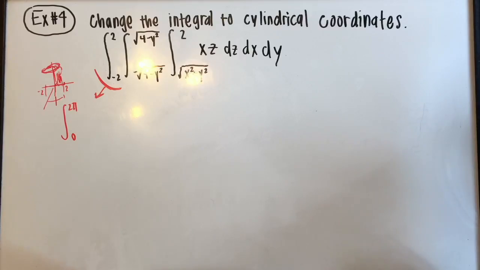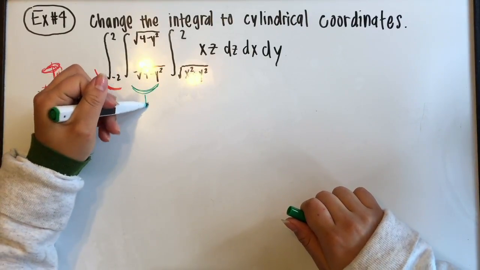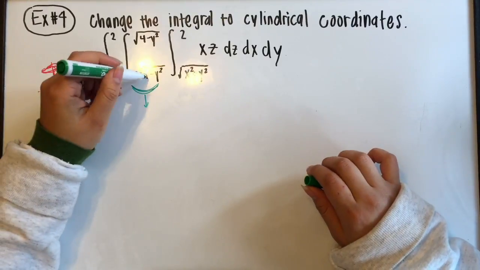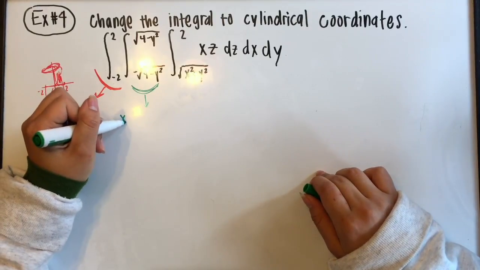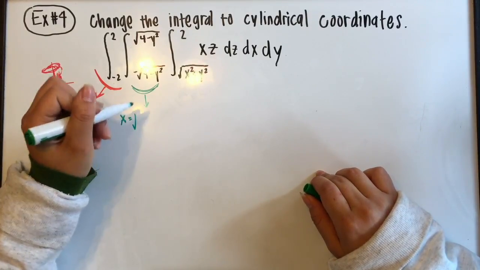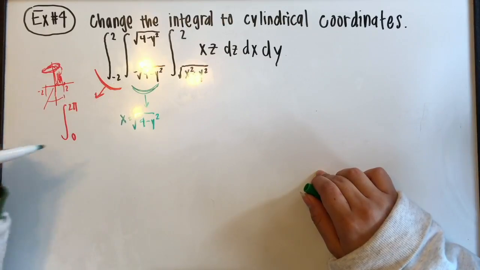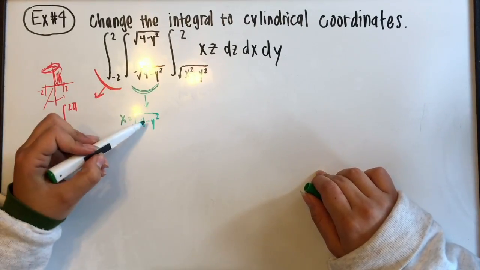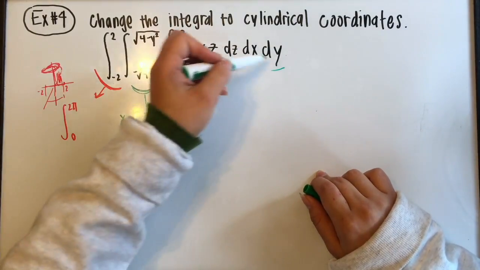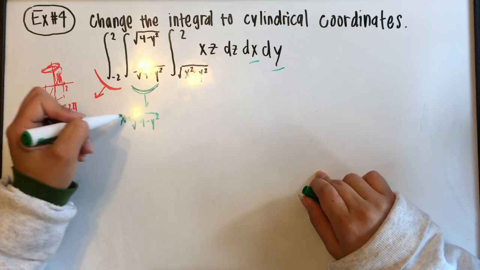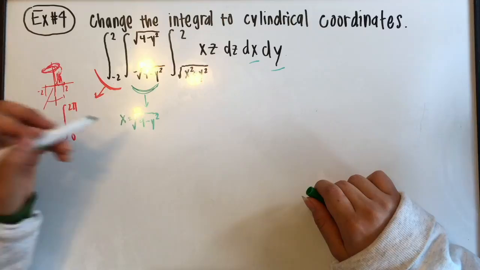And now if we do this one right here. Alright, since it's a function of y, then we can write that x equals 4 minus y squared. And since we're dealing with dx and dy, we can write x equals the square root of 4 minus y squared.